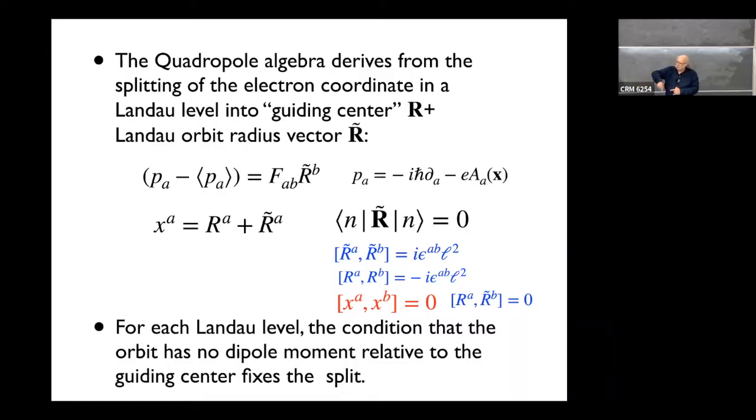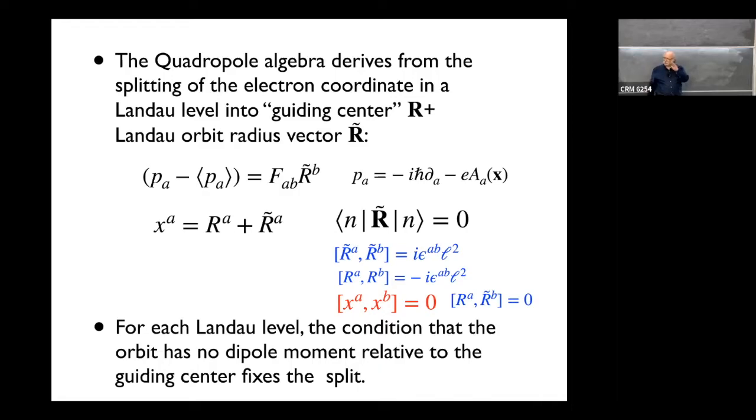If it's not a round orbit, it may be going slower on one part of the orbit and faster on the other part of the orbit. So it's whatever the mean position is. And defining it that way, the expectation value averaged over the whole orbit of the Landau orbit radius vector vanishes, which is telling you that there is no dipole moment. The Landau orbit has zero dipole moment relative to the center, the guiding center. Okay, it does have a quadrupole moment.